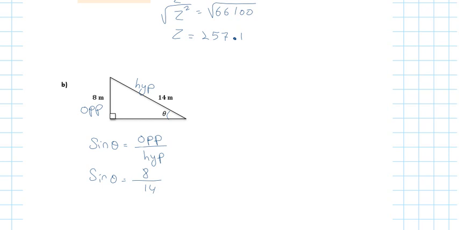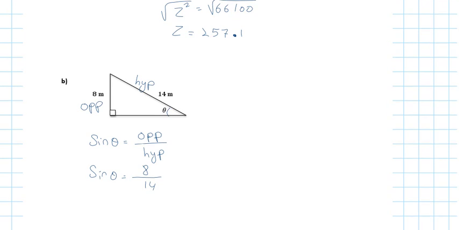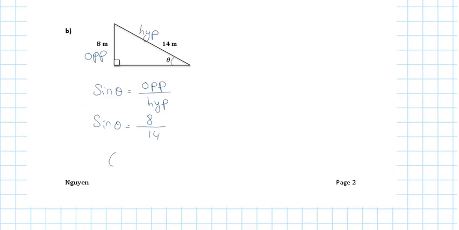Make sure that when you do the sine inverse, please guys, put the 8 over 14 in brackets. Anytime you're looking for an angle, you want to do the inverse operation, because technically you're isolating for that theta, and the inverse operation of sine is sine inverse.